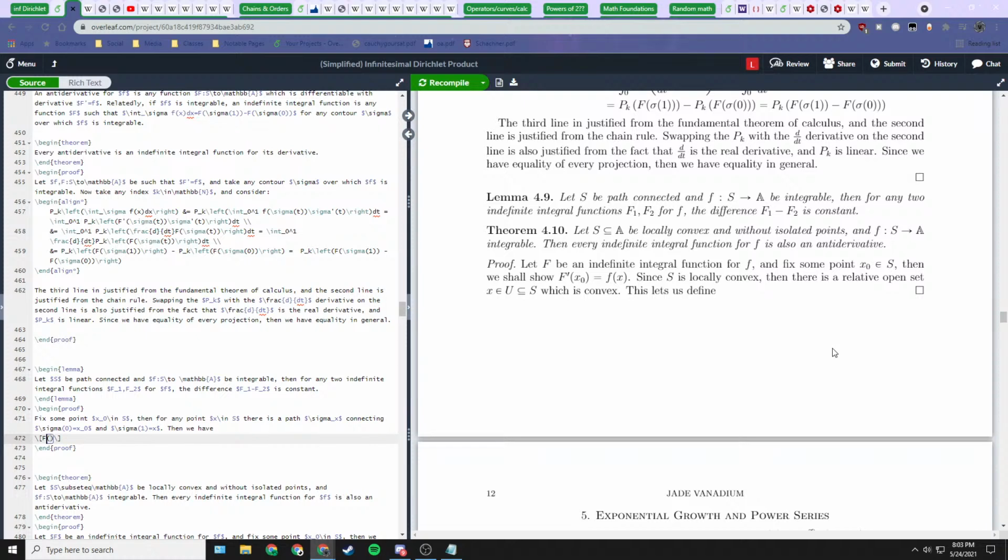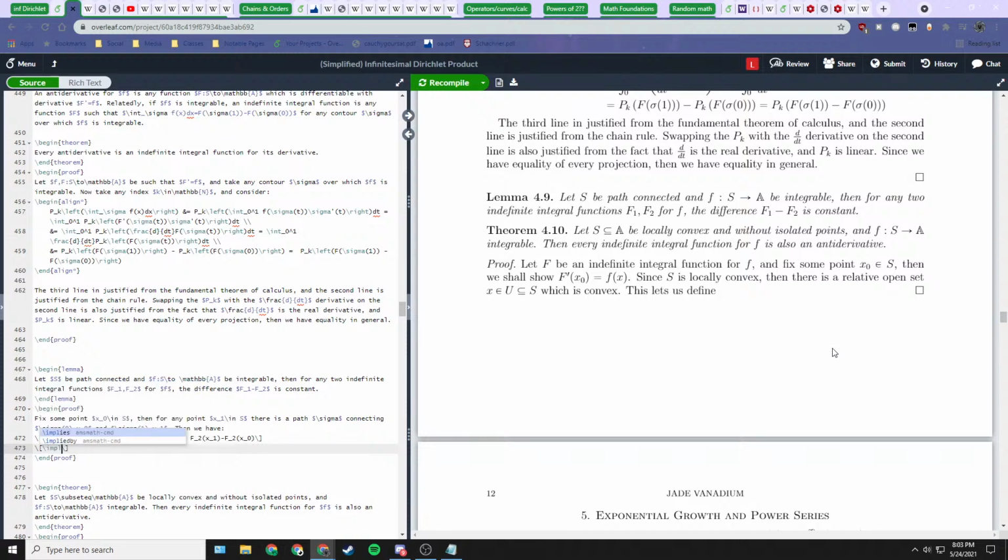F sub 1 of x minus F sub 1 of x0. This is the integral on sigma of f, I should not use x, I should use x sub 1. x1 minus x0, sigma f of x, but this is just F sub 2 of x1 minus F sub 2 of x0, and this implies that 0, which is just this term minus this term.